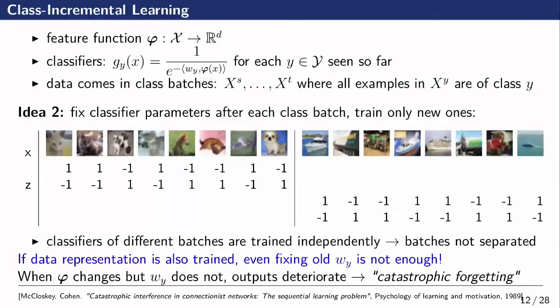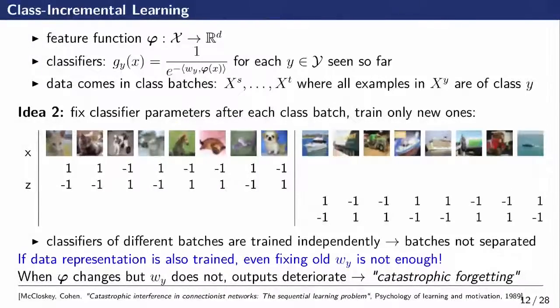So if we think about not just learning this classification layer, but we also learn the representation layer, which is what we do in deep learning, right? Then it's not even enough to fix the old weight parameters. Because when you look at the output of these networks, typically you have some kind of inner product between feature vector and weight vector.